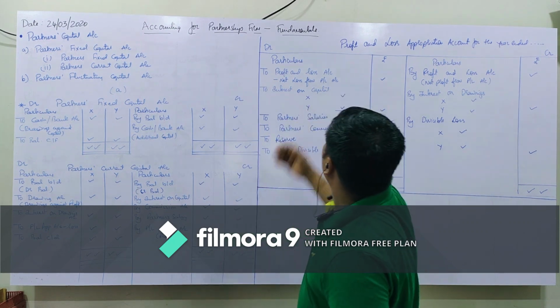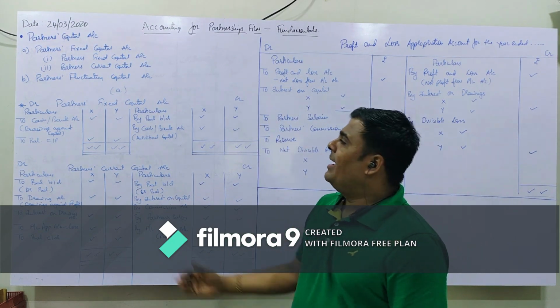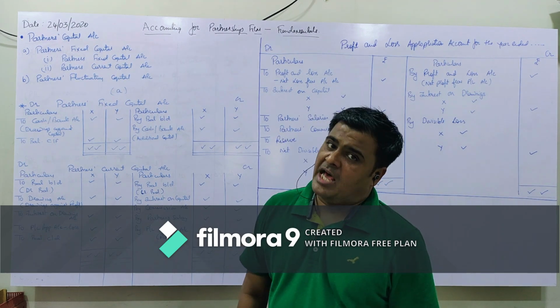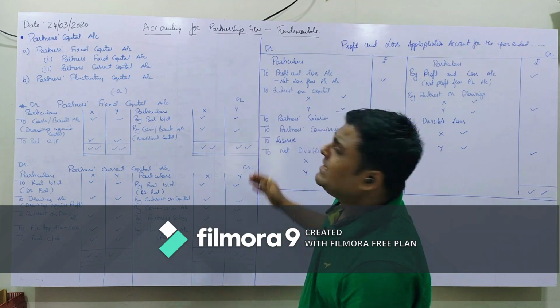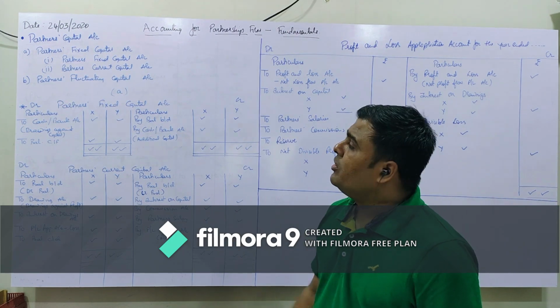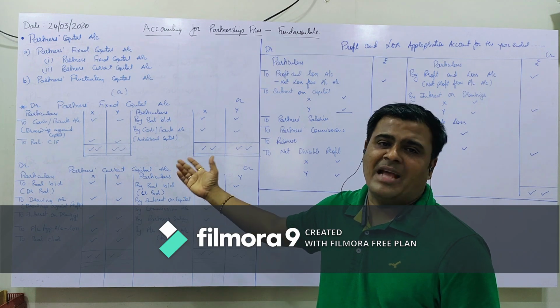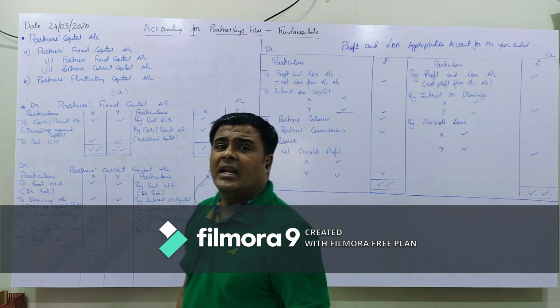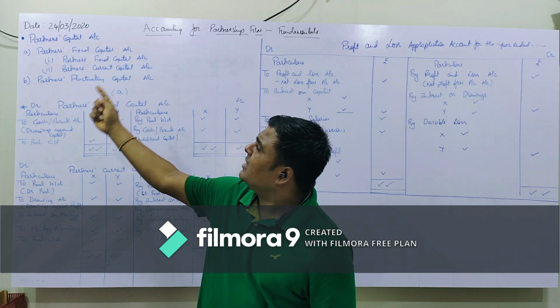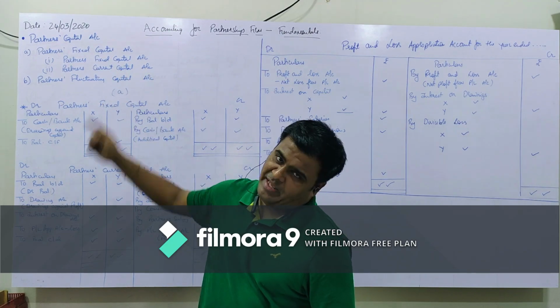After learning the format of profit and loss appropriation account and the journal entries, let us see how the partners capital accounts are prepared. Okay, so on the basis of journal entries and partners profit and loss appropriation account, we are going to prepare partners capital account. Now in partners capital account, there are two methods. Method 1, when the partners capital accounts are fixed.